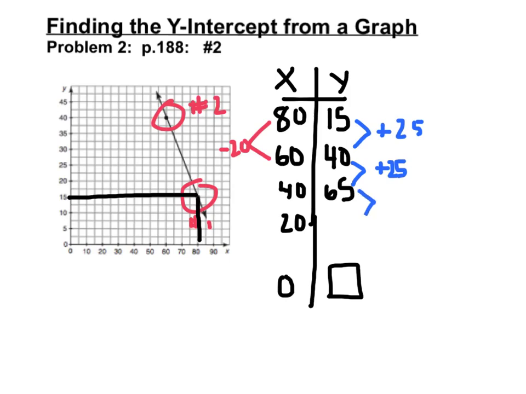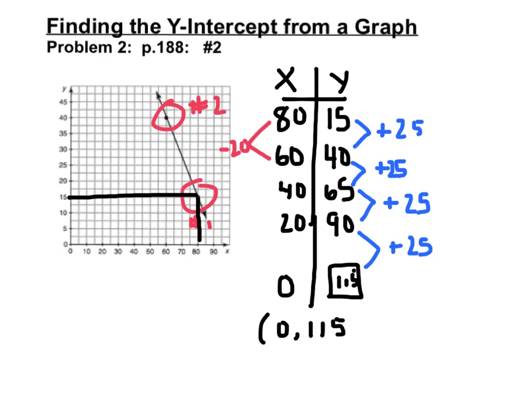To find the next one, we will again add 25, which will give us 90, and adding 25 one more time will get us to our y-intercept point. And 90 plus 25 is 115. So, if I write this in coordinate form, my y-intercept is 0, comma, 115.